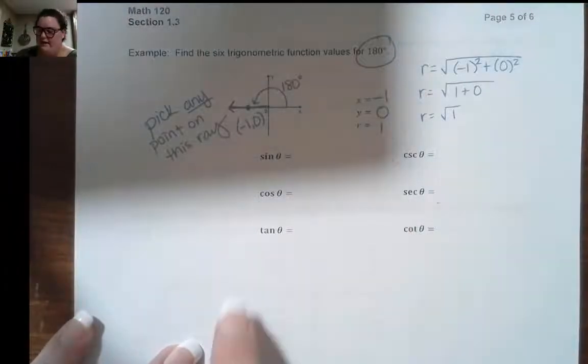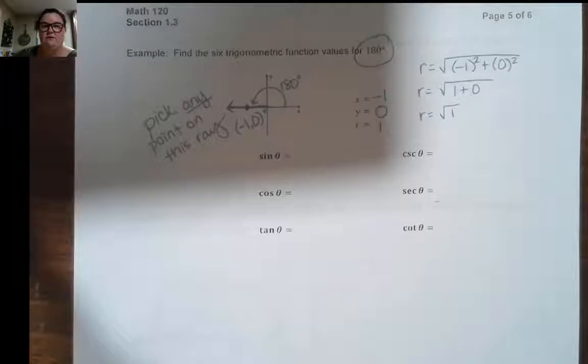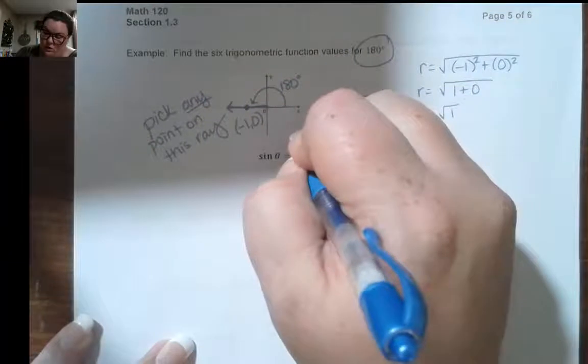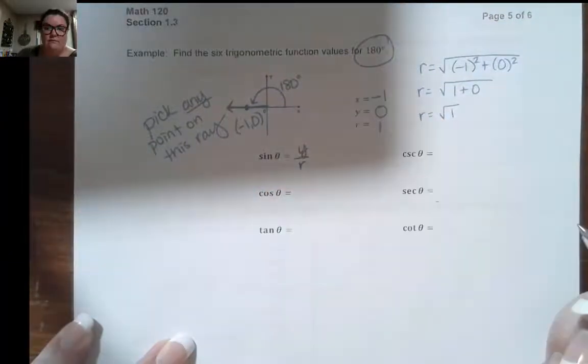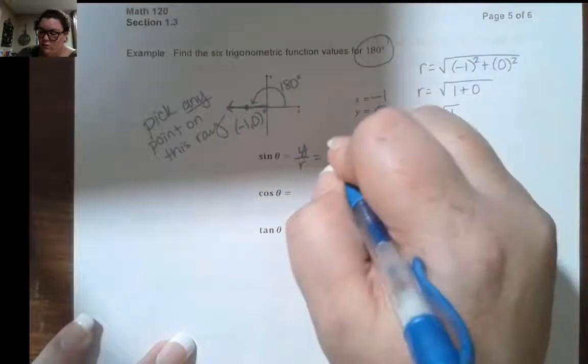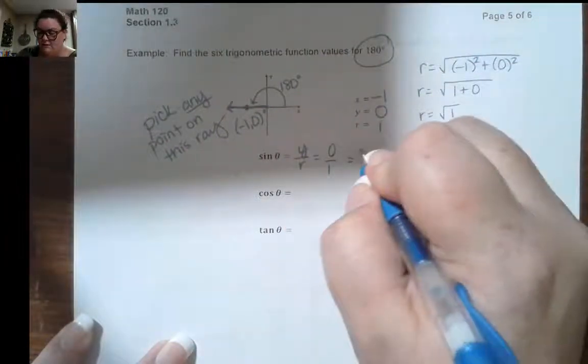Now that we know what x, y, and r are, we can go ahead and figure out our trig function values. Our sine theta is y over r. Y over r in this case is 0 over 1, which is just 0.